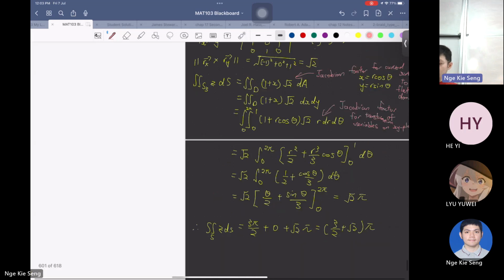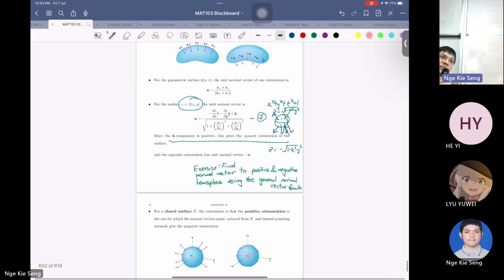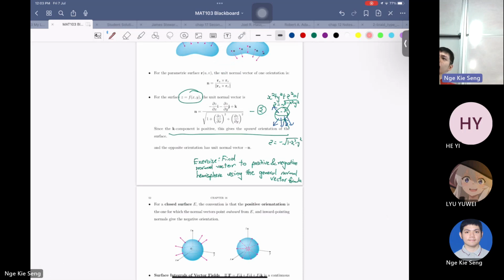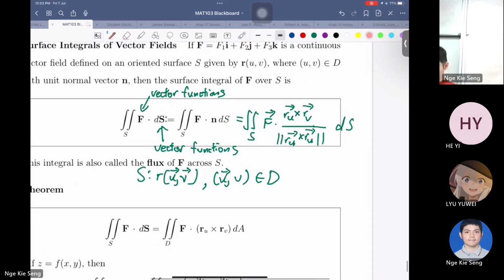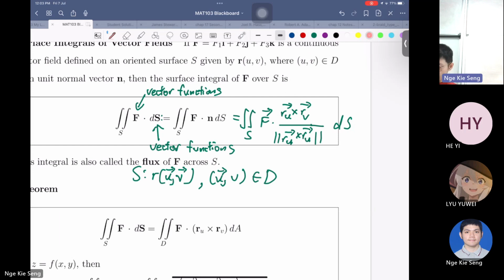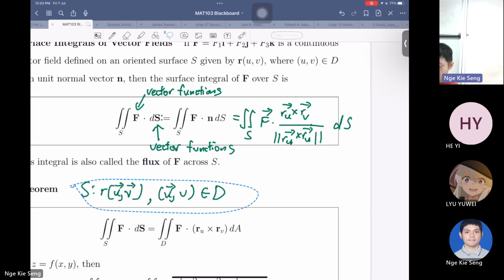That Jacobian is the area of the parallelogram. The area of a parallelogram is the length of the cross product of two tangent vectors. So in this case, how do we prove this theorem?